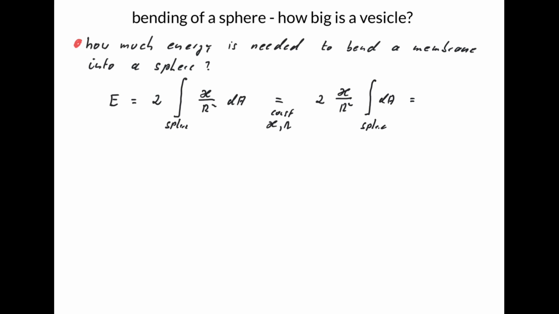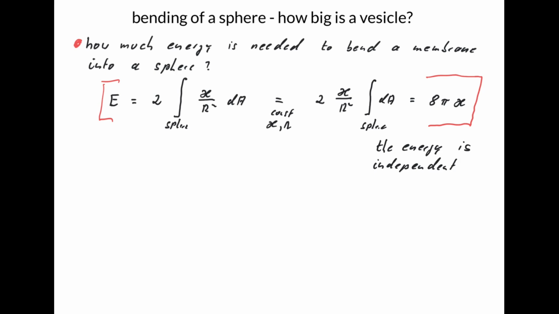Hence, the total energy to bend a sheet into a sphere is given by 8 pi kappa, the bending modulus of the sheet. Now, a very surprising result. The energy that is required to bend a thin sheet into a spherical object does not depend on the size. Whether I bend it to a very big vesicle or to a very small vesicle, the energy is always constant.